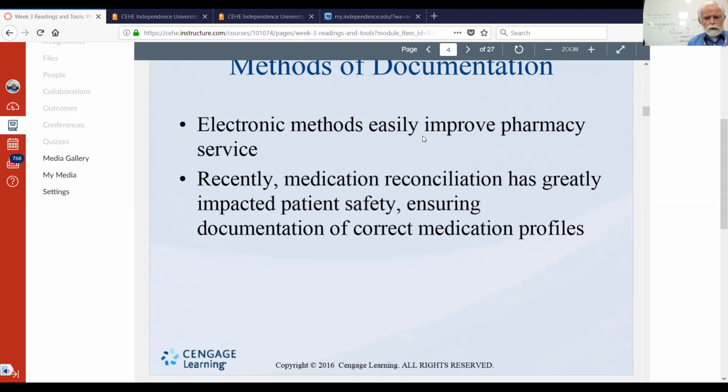A number of years ago, it was a standing joke that on October 1st, the entire country had to go to only electronic health records, EHR.